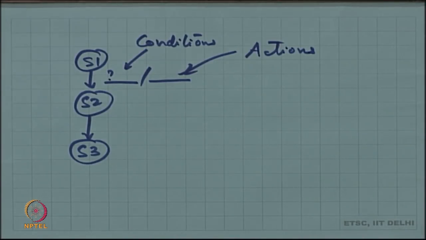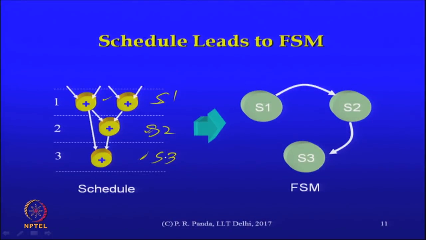What actions are we talking about here in this example? What is the output of one state? The result of the calculation. The calculations themselves are not taking place in the finite state machine.